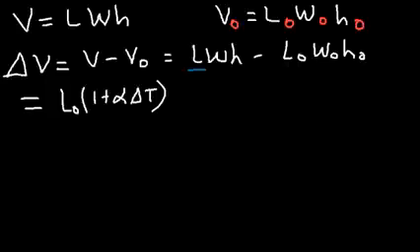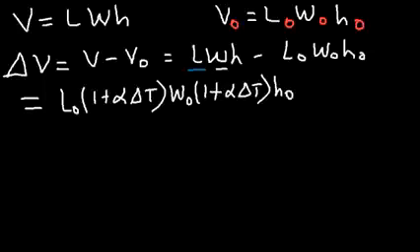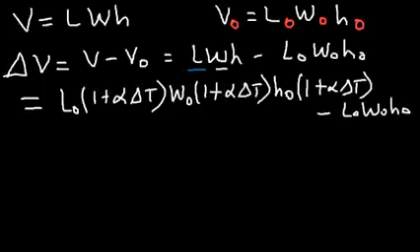Now W is going to be something similar. It's W0 times (1 plus alpha delta T). And H, if we follow the same pattern, is H0 times (1 plus alpha delta T), minus L0 W0 H0. So we're going to take out the GCF. We're going to factor out L0 W0 H0.